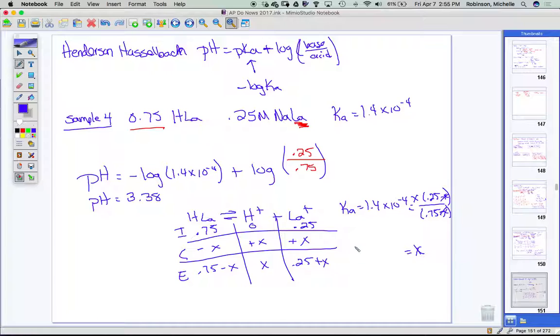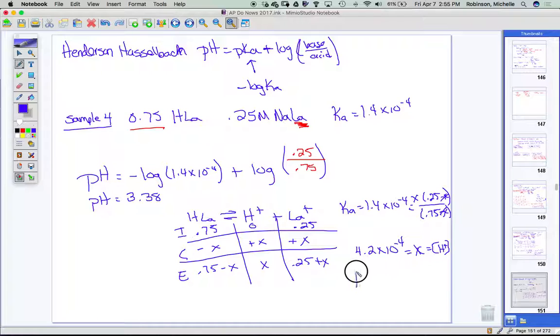What do you get for x? 1.4 times 10 to the negative fourth times 0.75 divided by 0.25. To the negative fourth. Okay, I was like, it's got to be times something. Well, this is the H plus concentration.